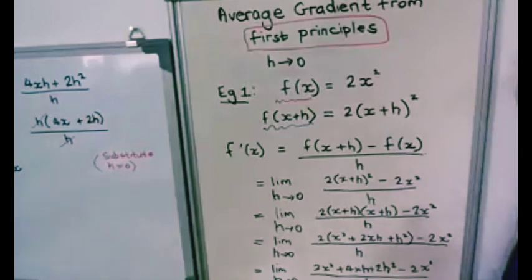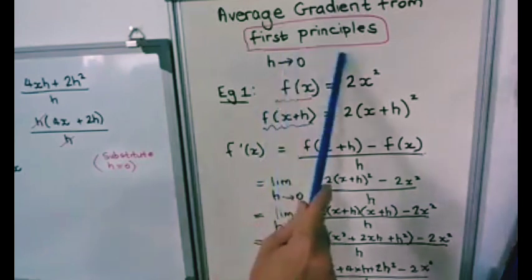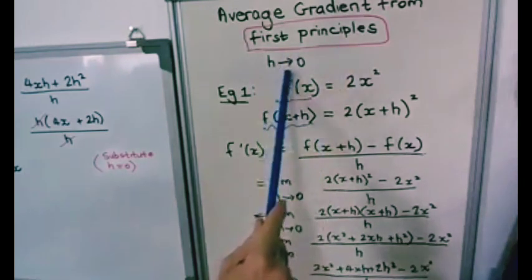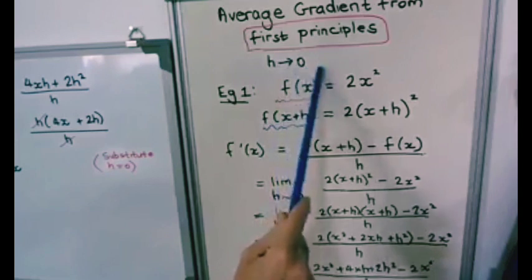Right, so I'm going to start with an example of the average gradient from first principles. When we say from first principles, that means h is going to tend towards 0.